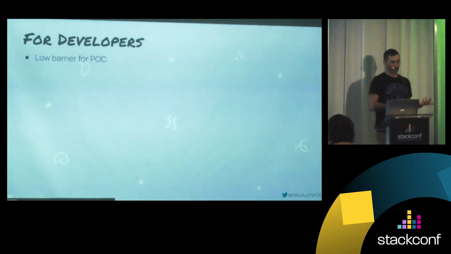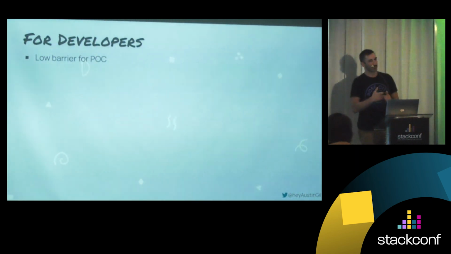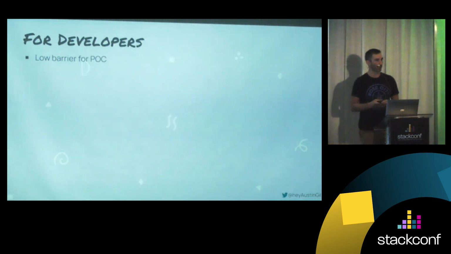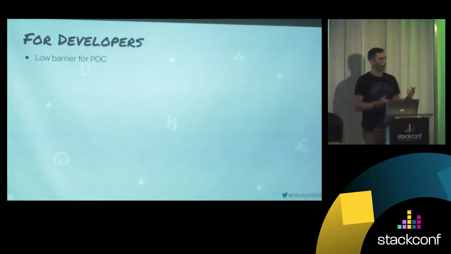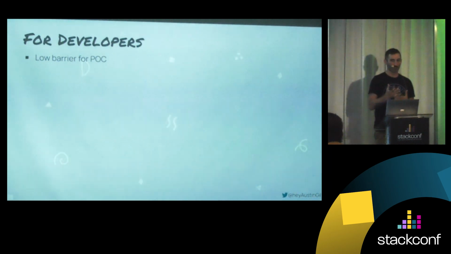This is also good for developers because it introduces, similar to cloud functions, a low barrier to proof of concept. Because once again, edge compute is very similar to serverless, or I would even consider it a subset of serverless functions, where you don't have to be responsible for provisioning servers.